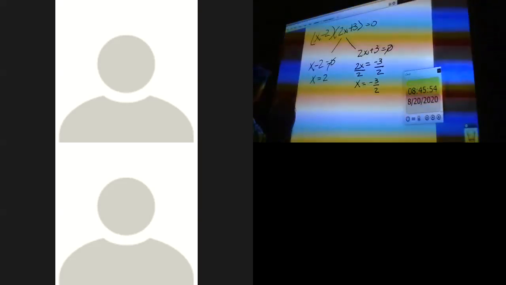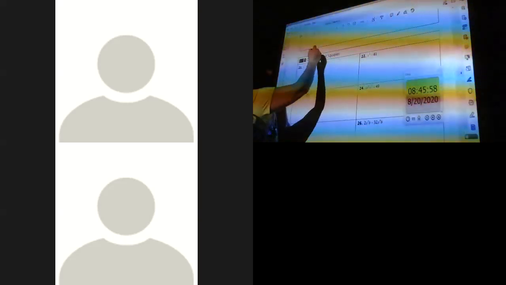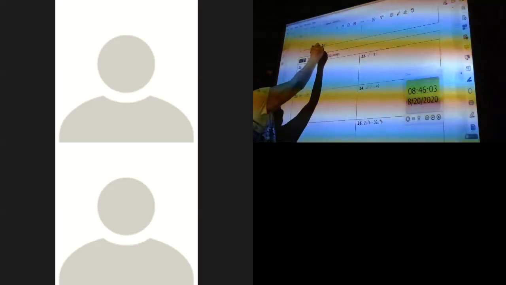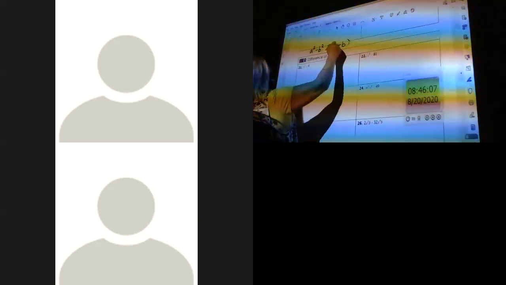Remember yesterday we talked about a squared minus b squared is equal to a plus b times a minus b.